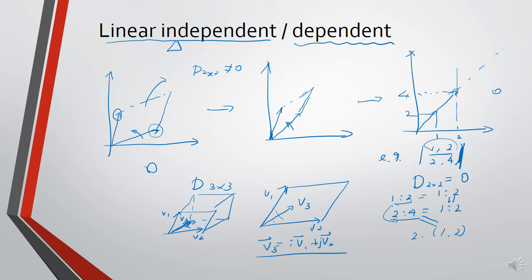If v3 is within the plane made by v1 and v2, there's no volume, and we say the volume is 0. Similarly, we call v1, v2, and v3 linearly dependent.